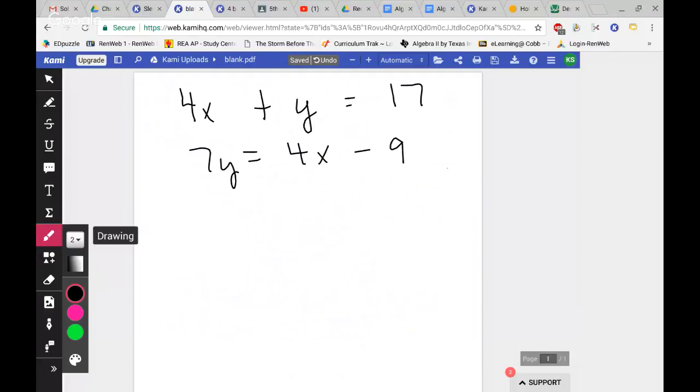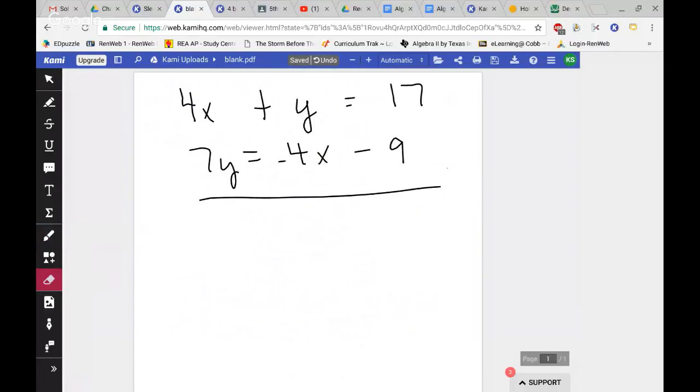In order to do this, you really need all of your variables to line up. So the easiest thing to do in this particular case is to put that second equation into standard form. That would look like me subtracting this 4x from both sides.